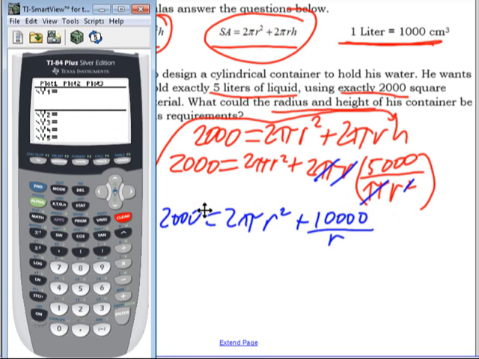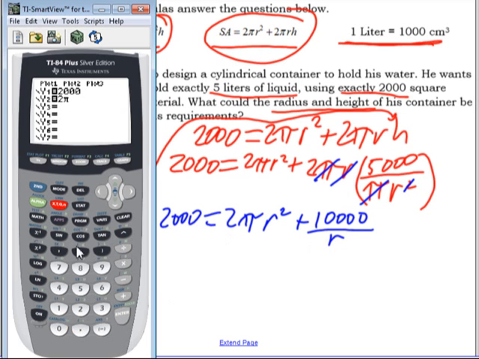So what I want to do is see when does this whole thing equal 2,000. So I could set it equal to 0 and find the zeros of this equation, but I think an easier way to do it would be to write y equals 2,000 as one of my equations, and then y equals 2 pi r squared plus 10,000 over x.